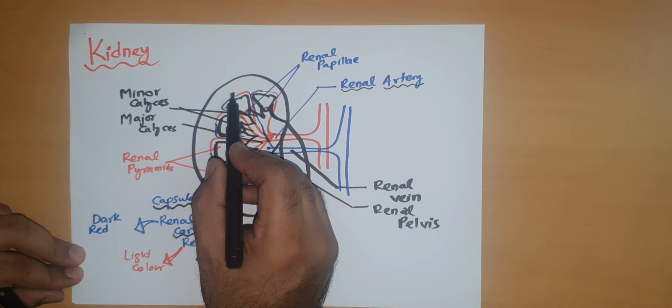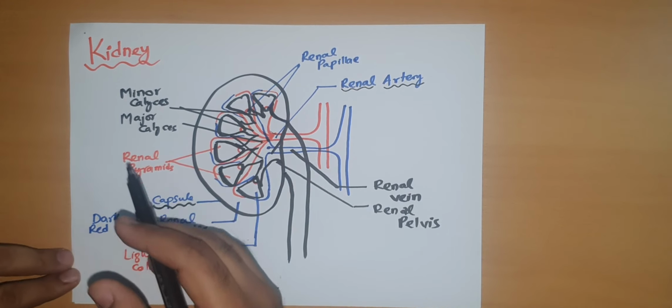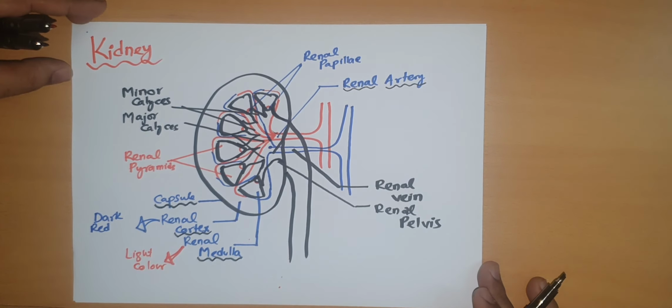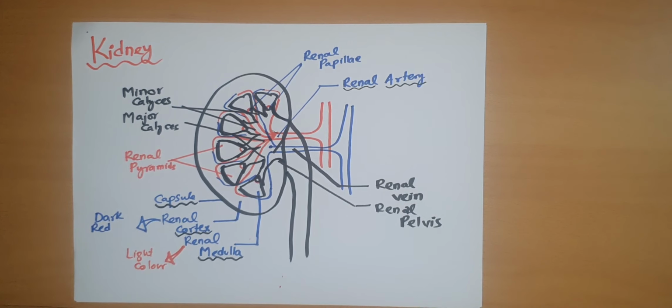Then it divides into afferent arteriole, which divides into glomerulus, and then glomerulus joins together to make efferent arteriole, which divides to peritubular capillaries and the vasa recta, and which eventually join to form the venules. And you do not need to memorize all these names, it is just for your information.